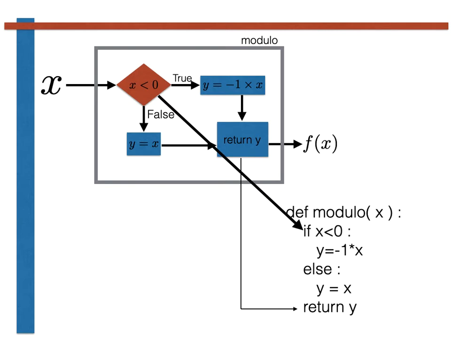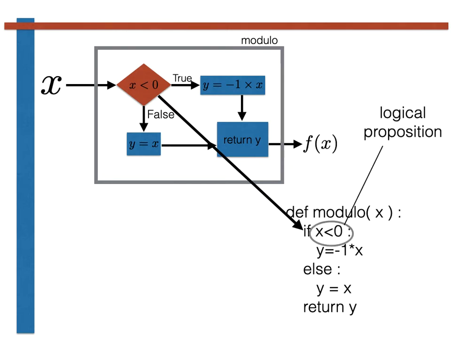As you can see, the logical proposition x is less than 0 that appears in our flowchart appears here. The code shown here is executed if the proposition is true. If the proposition is false, by contrast, the code shown here is executed.